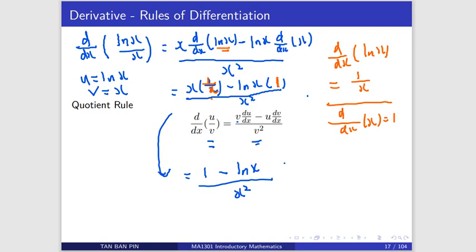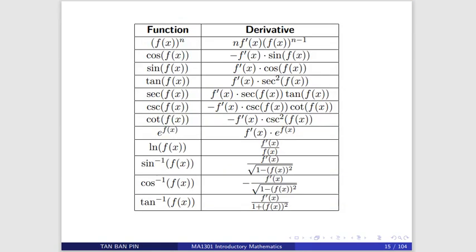Let's refer back to the formula. Ln x is here. To differentiate ln x, as I mentioned in the lecture video, you replace f(x) by x and f prime x by 1.